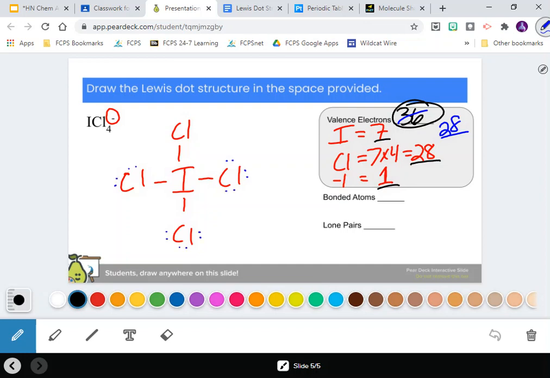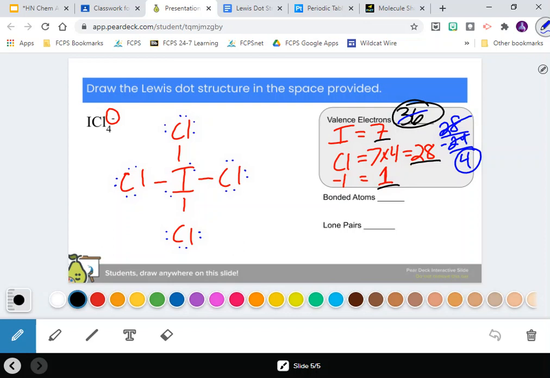This is going to result in 24 being added because there's 4 of them that need 6, so that's 24. So subtract out 24. Now we're down to 4. So now we have 4 left that we need to put on the central atom. Like I said, it doesn't matter which one you do, as long as you add it to the central atom.